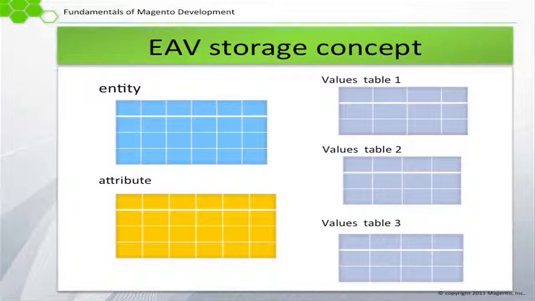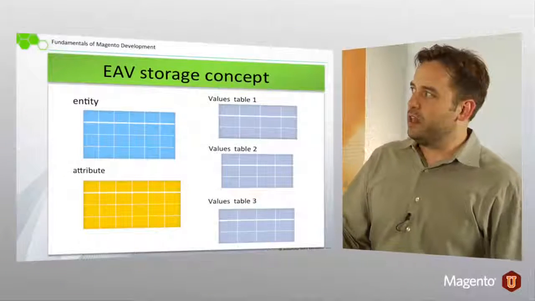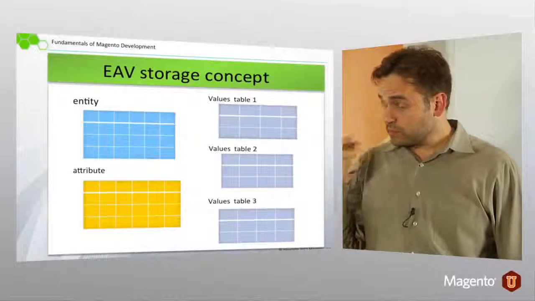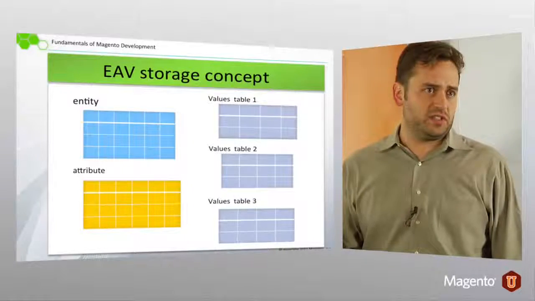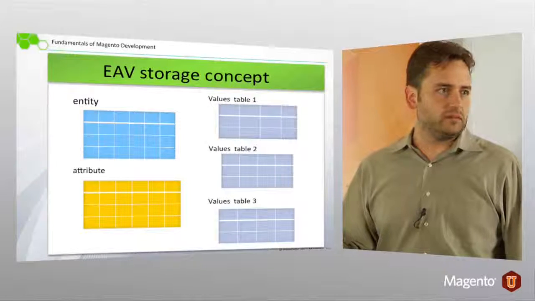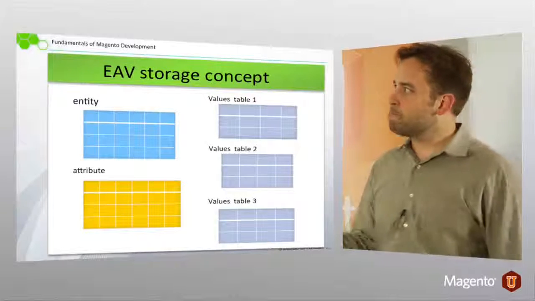So EAV storage, the idea is skinny tables, skinny long tables. So entity, this would be the thing in the system: catalog product, catalog category, entity, and the static attributes. So this is the record that something exists, and probably should be scopeless data. Okay?